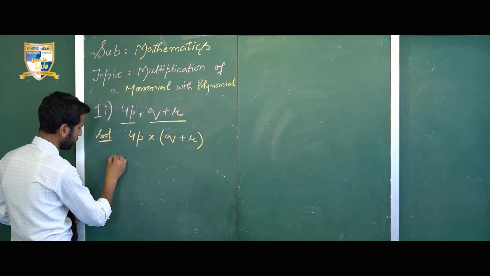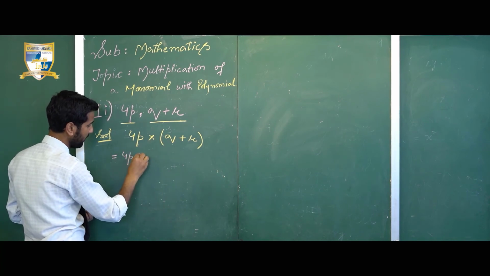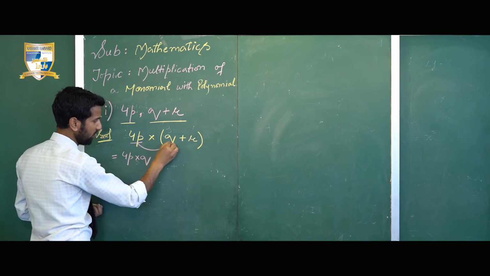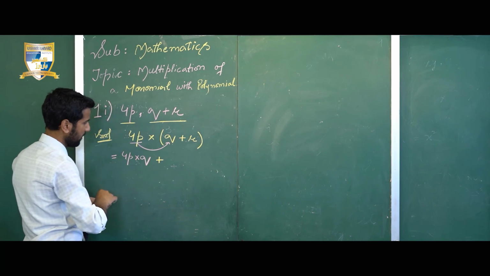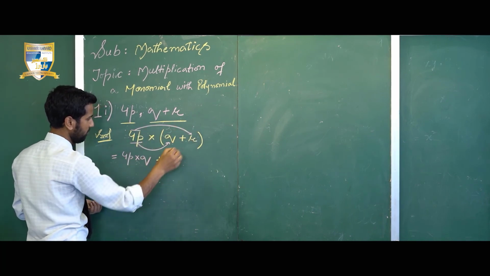So 4p into q, first we are going to multiply it with first term. So 4p will get multiplied with q first, and then it's plus. And now we are going to multiply this 4p with r now.